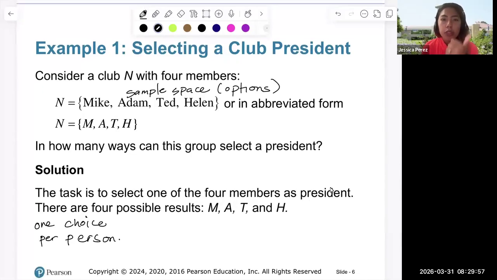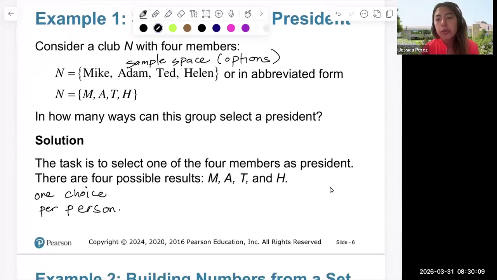So you have one choice, either Mike, and no one else as president, or Adam and no one else as president, or Ted, or Helen. So those are four choices. There are four possible results where one of the four members is president. One time Mike, one time Adam, one time Ted, one time Helen. That's four options.